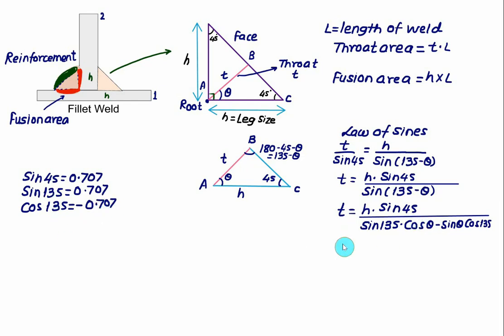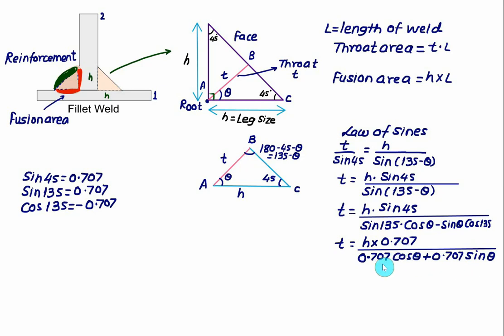So we'll do this substitution here and solve for T. T is equal to H into 0.707 divided by sine of 135, which is also 0.707, into cos of theta minus 135. Cos minus minus becomes plus 0.707 into sine of theta.